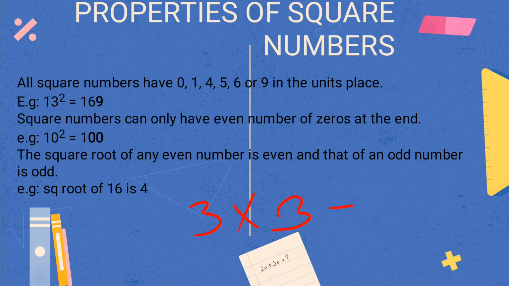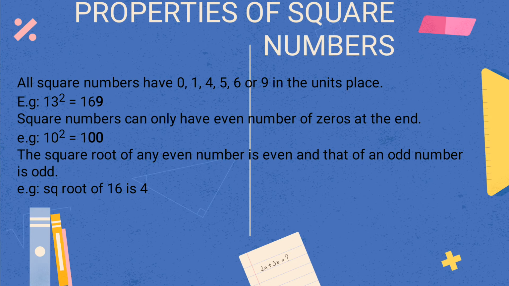So there are some rules regarding these square numbers, and they are: at the units place you will always get 0, 4, 1, 5, 6 or 9 after squaring a given number. For the sake of example, if we square 13, or multiply 13 with 13, we will get 169, and you can clearly see that at units place you are getting 9.